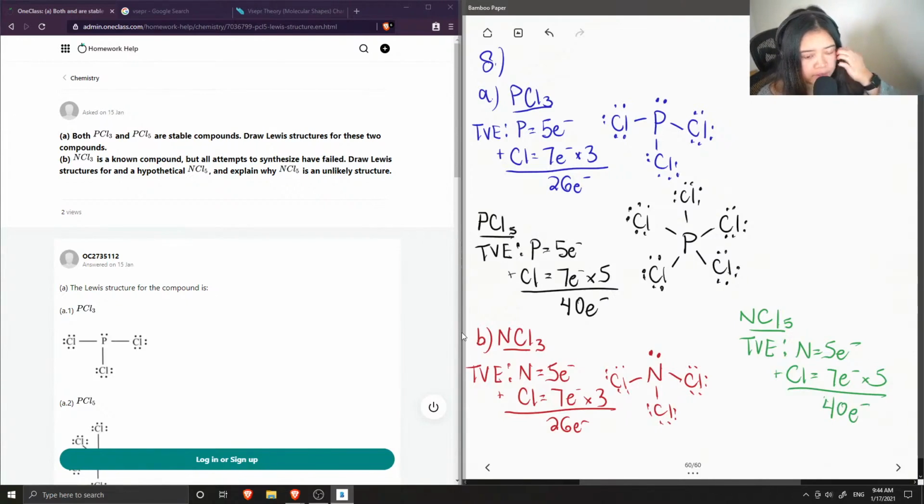And now let's attempt to draw this hypothetical structure that will probably look like the PCl5 with all the chlorines around it like this. You kind of get the gist. So you get a structure that looks like this. So this is incorrect, and I'll try to fit an explanation why up here.